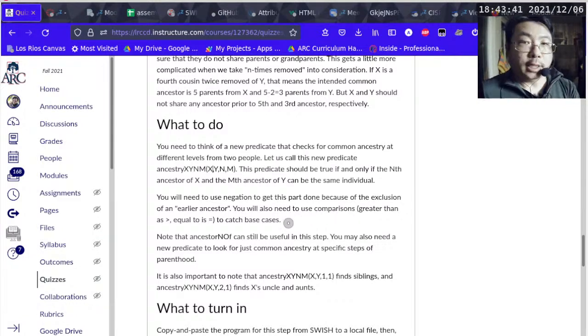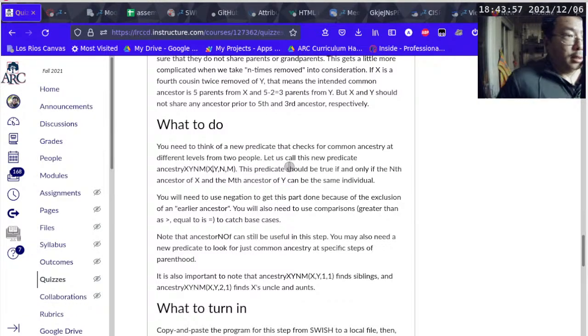So the new predicate also needs to count, because you need to make sure that the common ancestry does not occur at a lower level than what you need. So it's not just checking whether they share a common ancestor, you also need to keep track of how many parent links away that ancestor is.